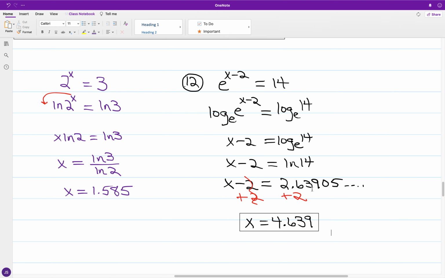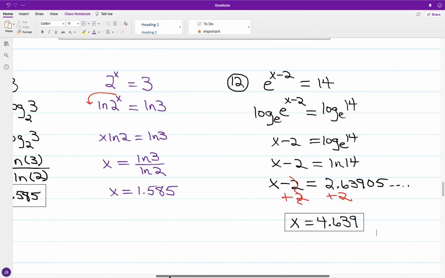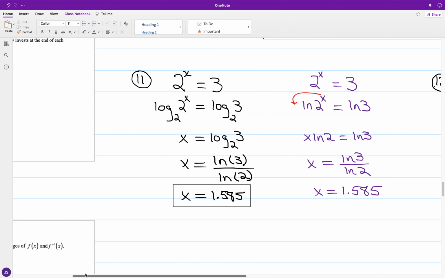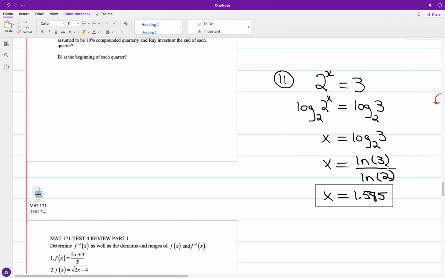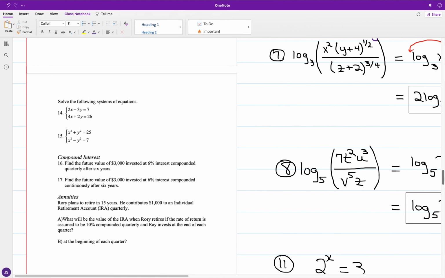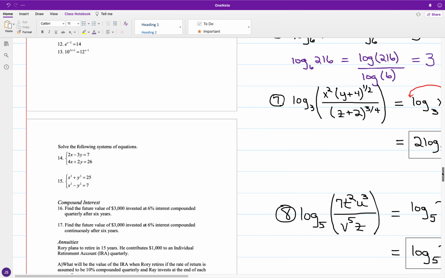Now there's going to be quite a bit of number crunching in comparison, and we have for number 13, 10 to the 3x plus 1 is equal to 12 to the x minus 1.